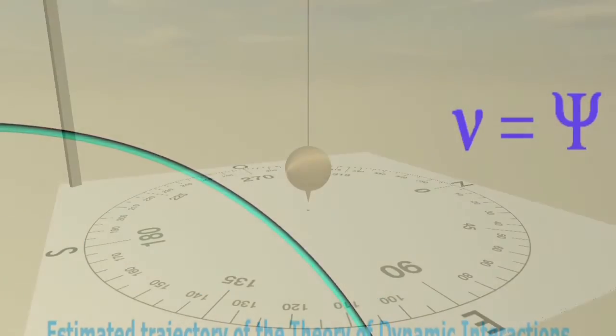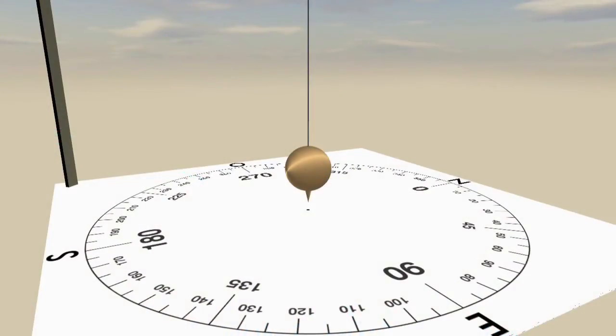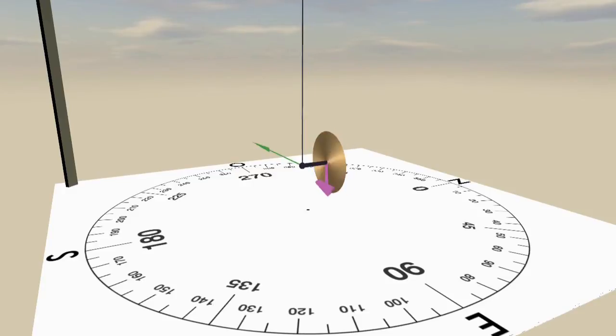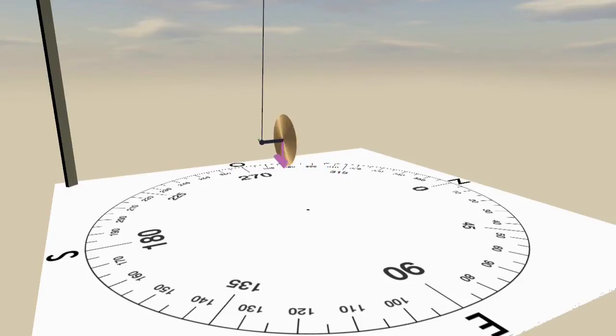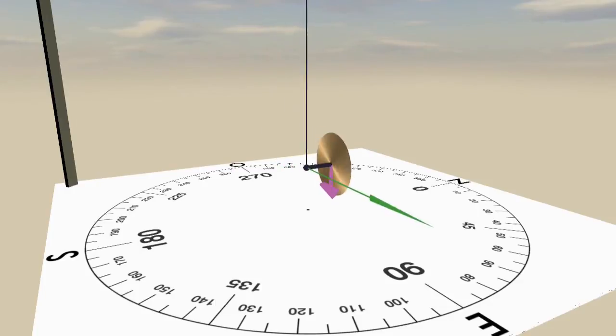In the system studied, we have all the necessary ingredients required by the theory of dynamic interactions: a main angular momentum on the rotor part of the hanging body, a secondary torque which is driven by gravity, and a rectilinear momentum, an inherent characteristic of any hanging body in any functional pendulum.